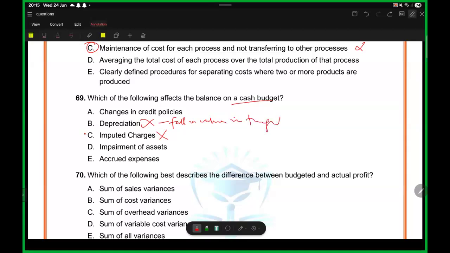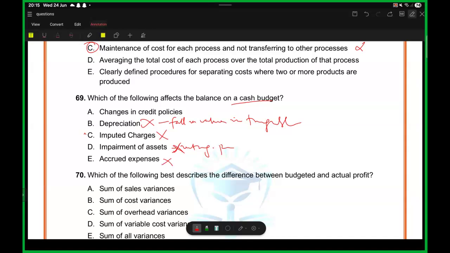A fall in value in an intangible asset like patents, copyright, goodwill, we call it impairment. So this one too is not included. They are notional amounts we set aside that should the event happen, we would take it and cater for it. And accrued expenses are expenses which have been incurred. It's like the imputed charges. We've incurred it, but we've not made payment for it.